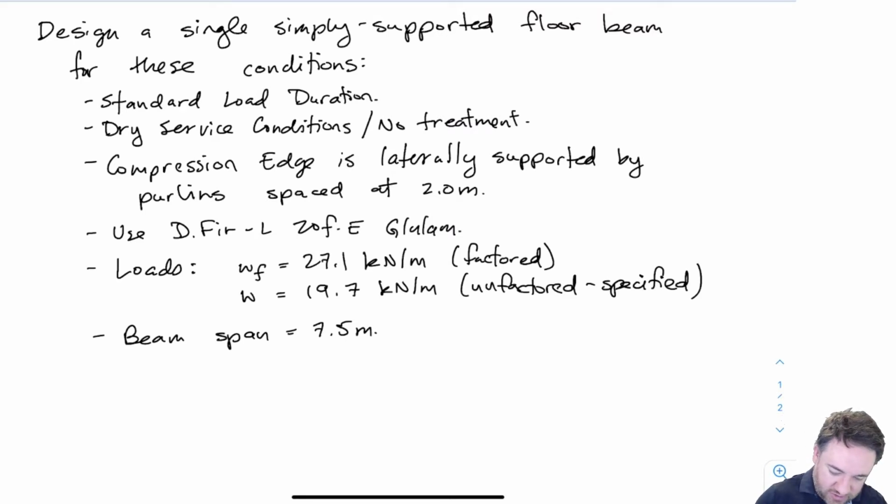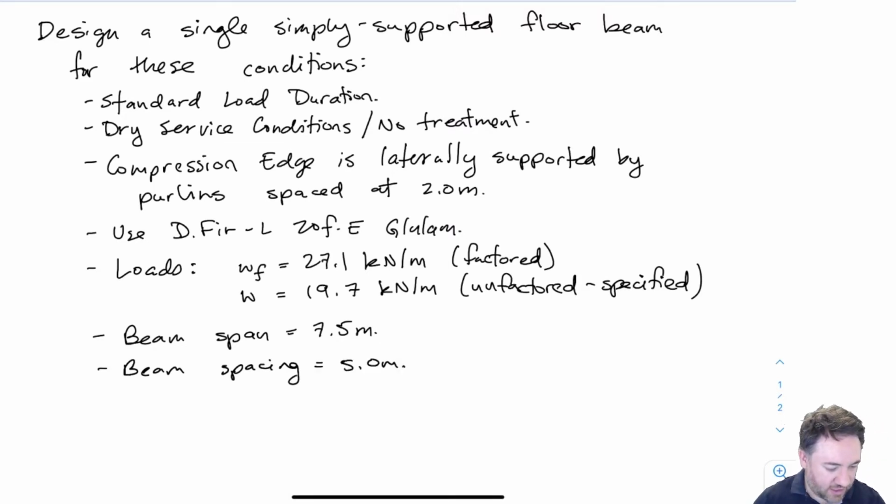So these beams are spaced apart. There might be multiple beams, and they're spaced apart by 5 meters. But anyway, I'm given the line loads directly, so I may or may not need this beam spacing. But what this does mean is that even though we have multiple beams all lined up, they're far enough apart that we're not going to be able to apply a system effect factor or a system factor.